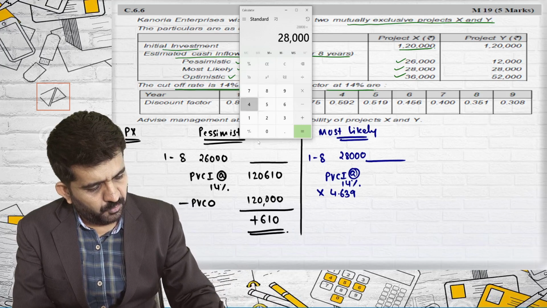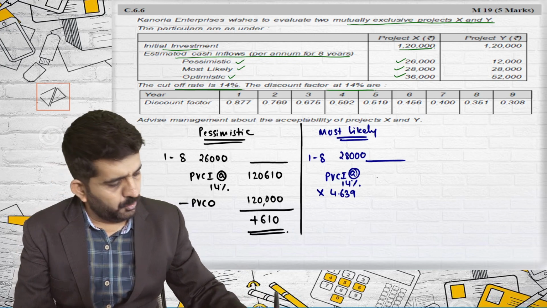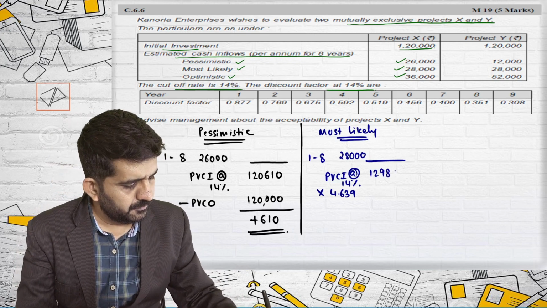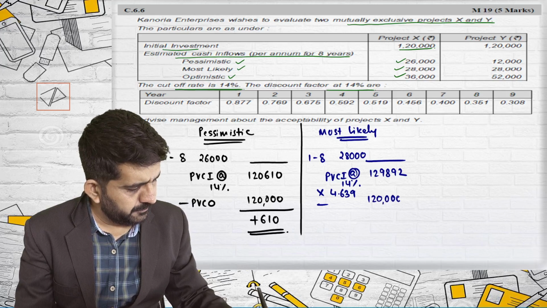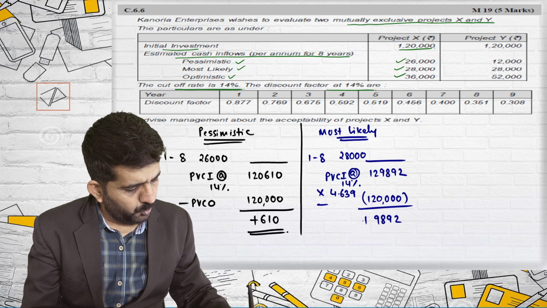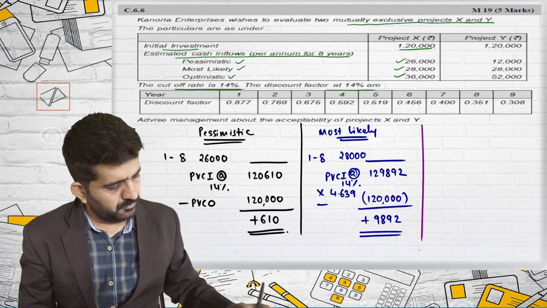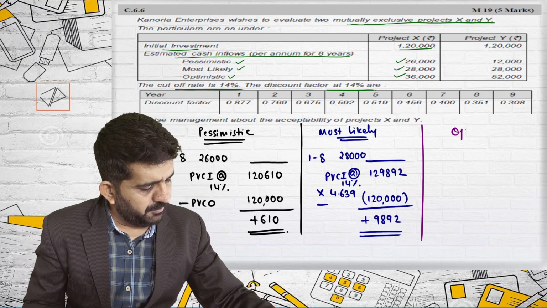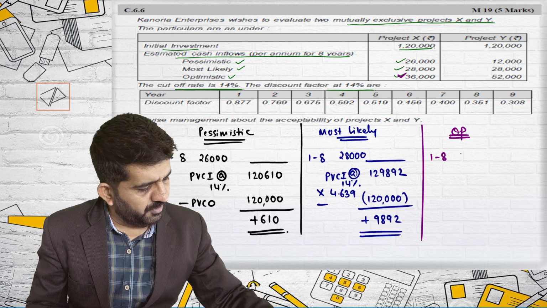28,000 into 4.639, 129,892, minus 1,20,000, 9,892 positive. Project X optimistic result, 1 to 8 years, then cash flow will be 36,000.